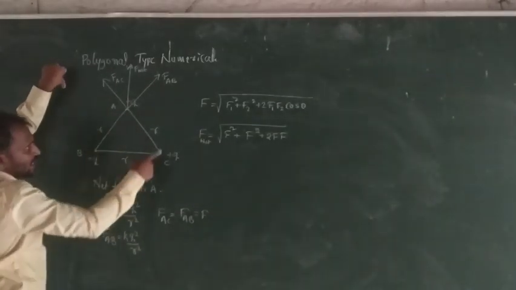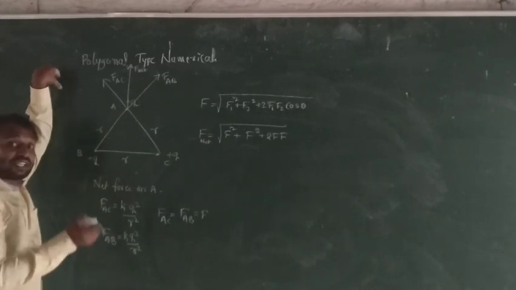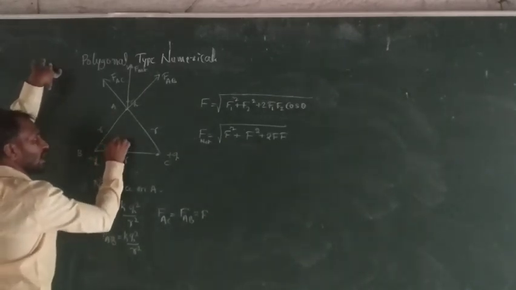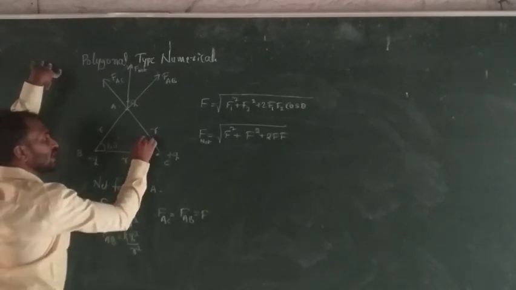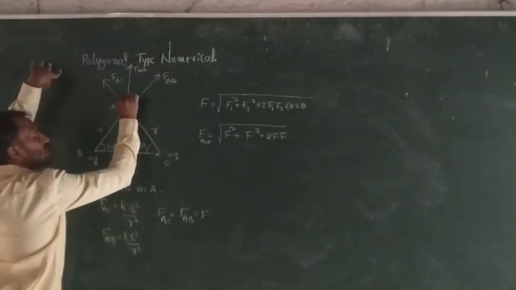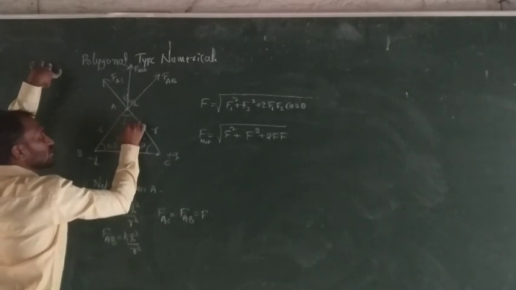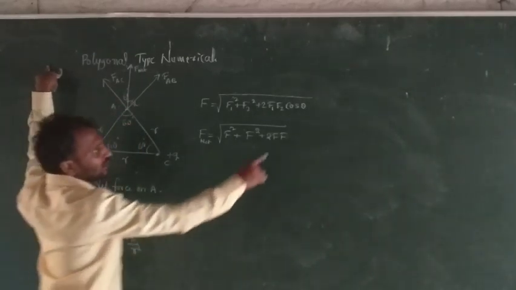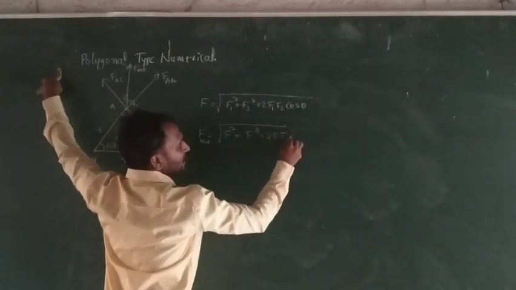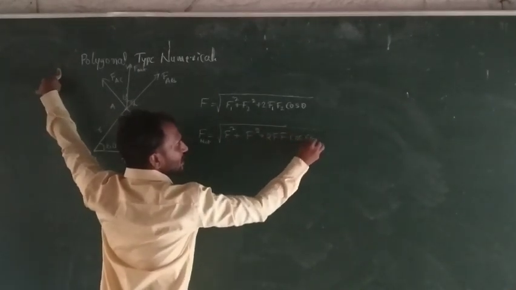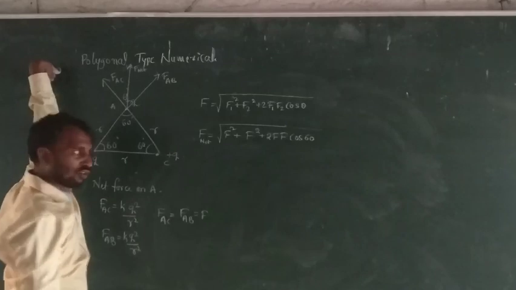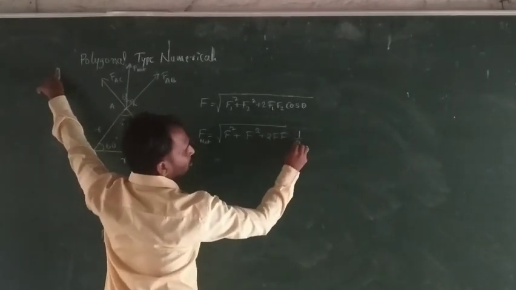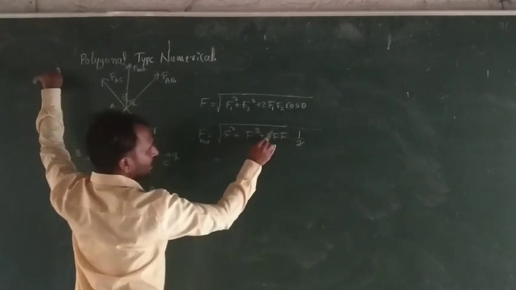Three charges are placed at three corners of an equilateral triangle. So this angle is 60 degree, this angle is also 60 degree, and this angle 60 degree. In total we get 180 degree. It means the theta value is 60 degree, so cos 60 is 1 by 2. The 2 gets cancelled.